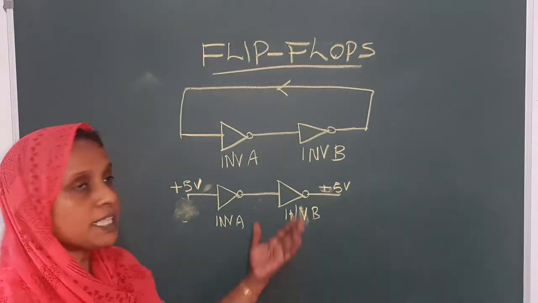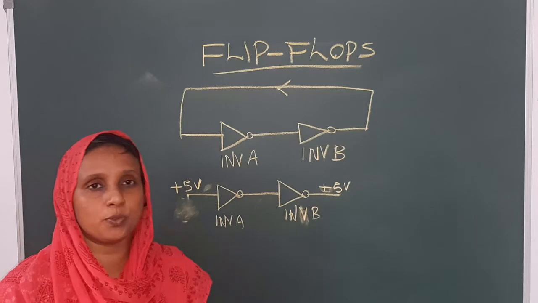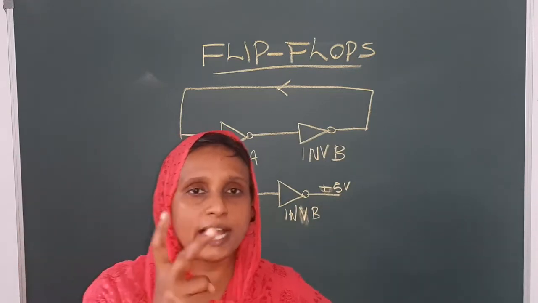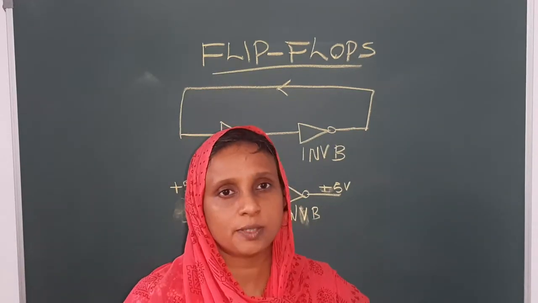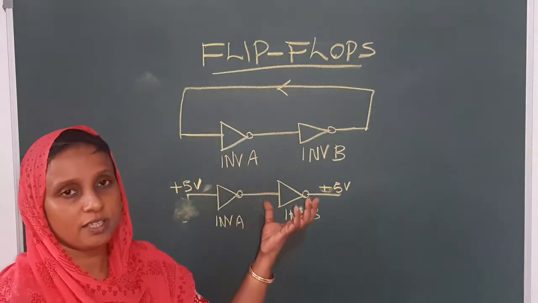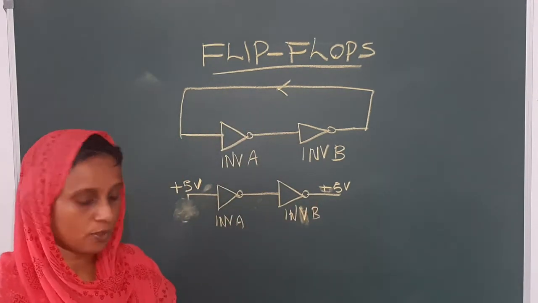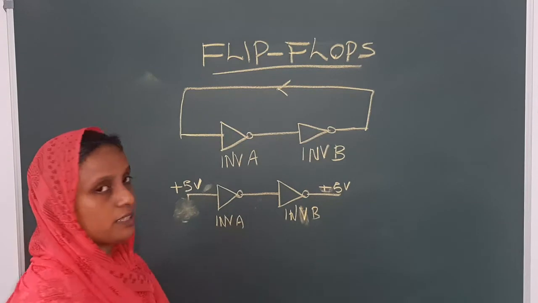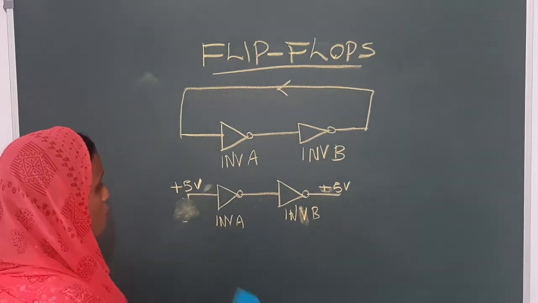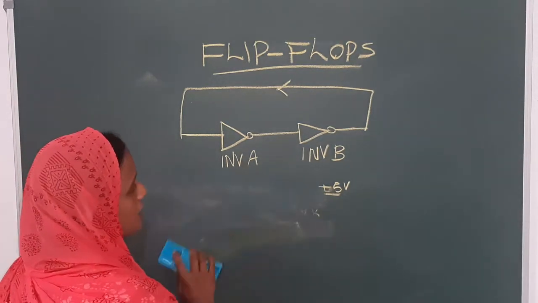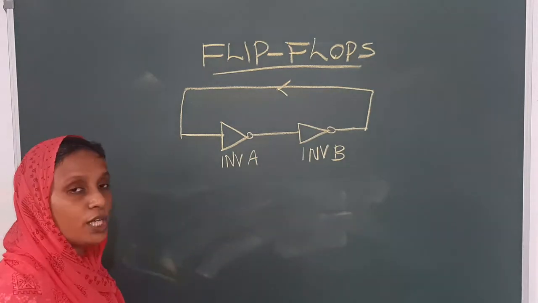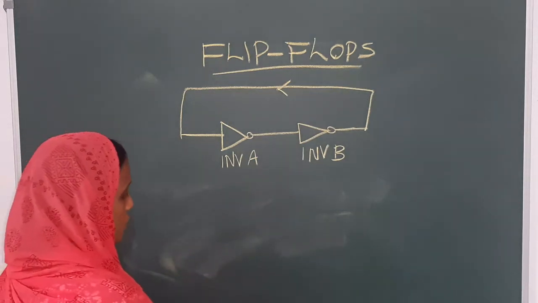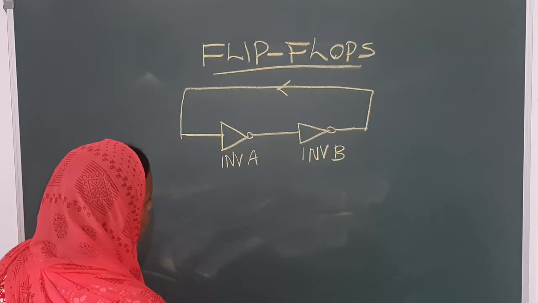Now, instead of these two inverter circuits, we can use two NAND gates or NOR gates connected in this way. It can act as a flip-flop. So, I can modify this inverter circuit now with two inputs. You know that an inverter has only one input. Now, we want a circuit with two inputs.